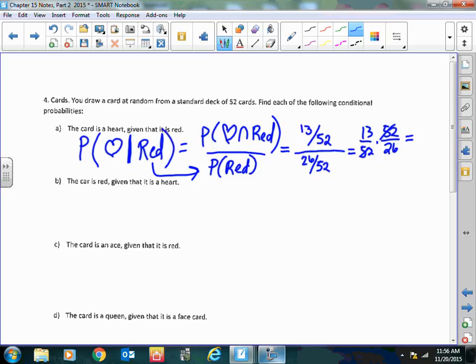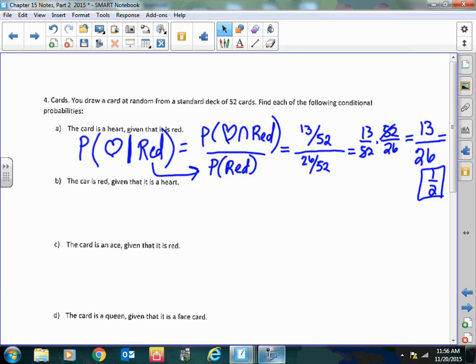And because those are both out of 52, this problem could have really been thought of from the beginning this way. There's 26 red in the deck, and there's 13 red hearts in the deck. And so the probability of getting a heart, given that it is red, is 50%.